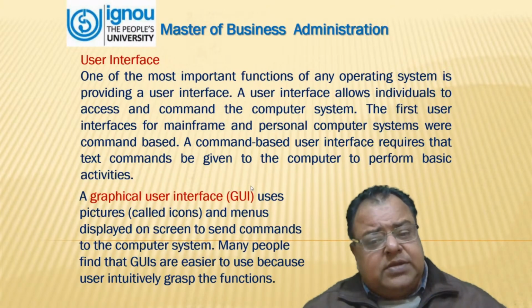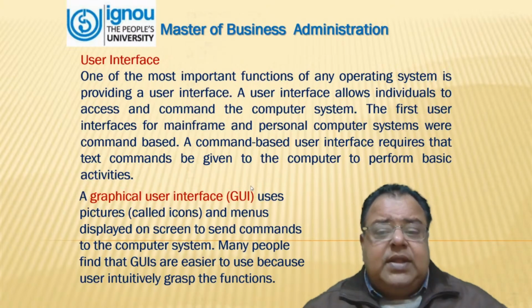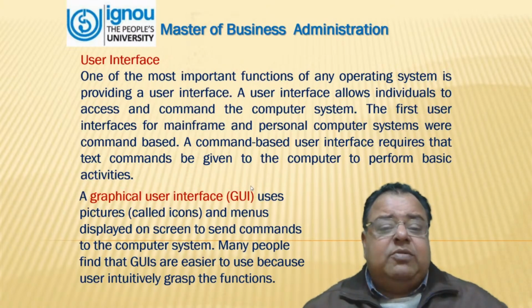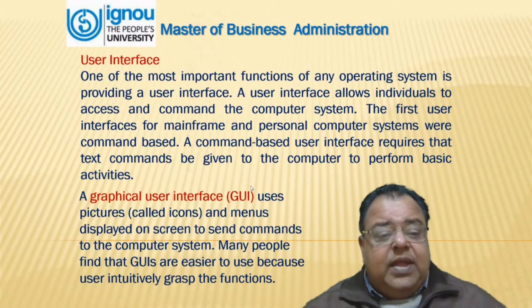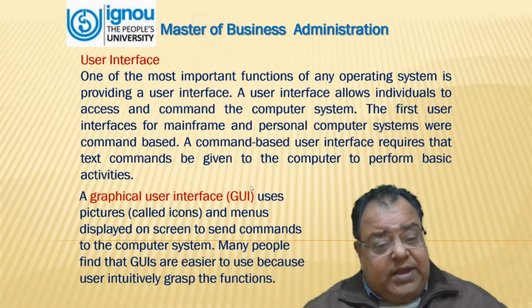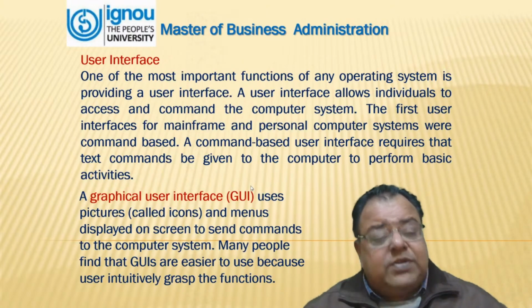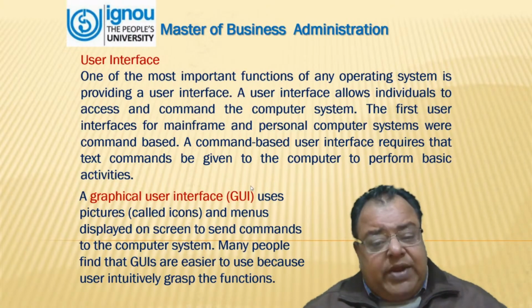A command based user interface requires that text commands be given to the computer to perform basic activities. A graphical user interface, that is GUI, uses pictures, which we call icons, and menus displayed on the screen to send commands to the computer.